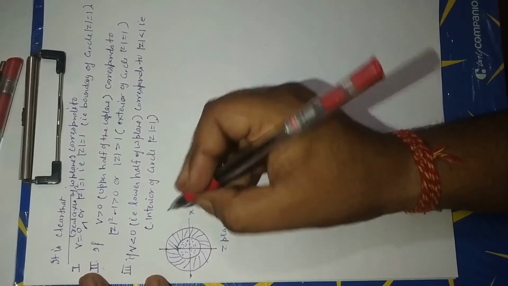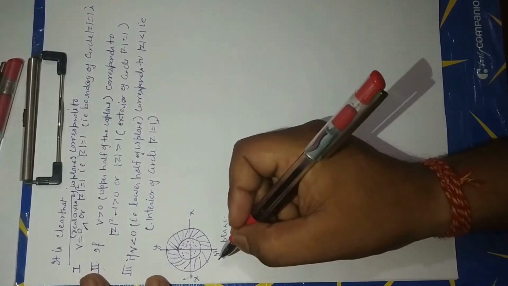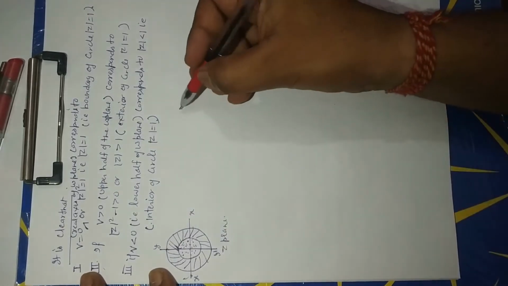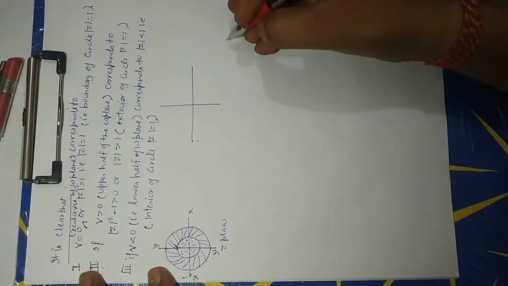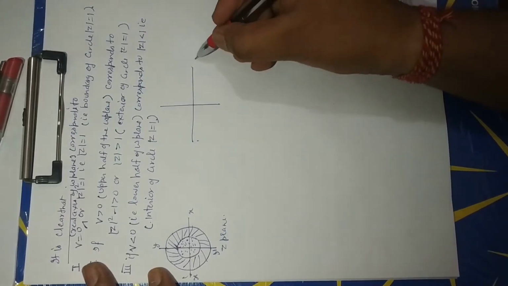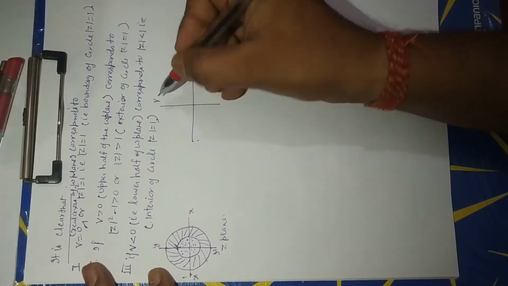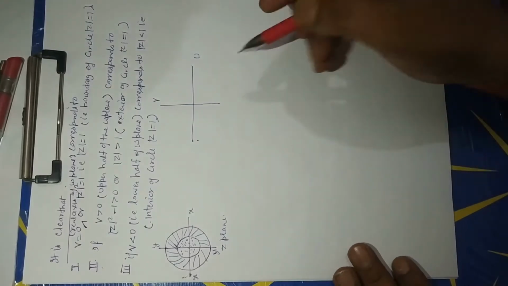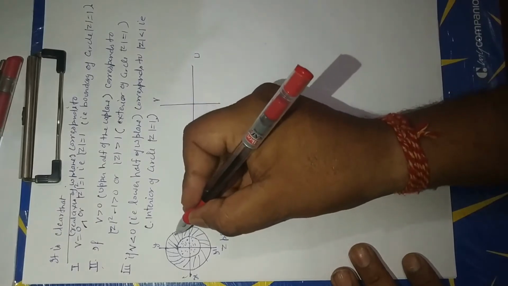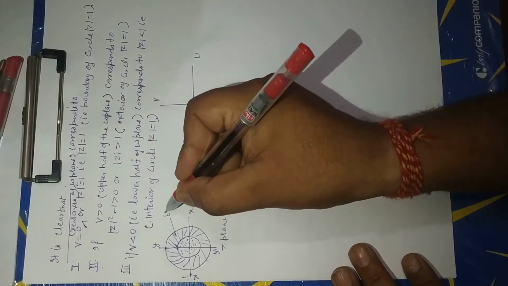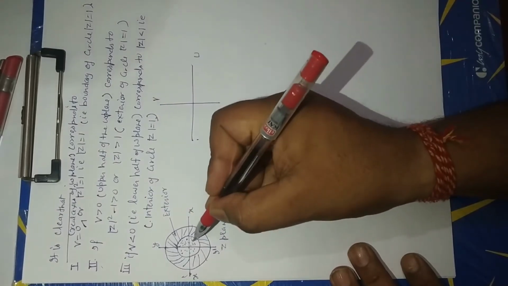The x axis, y axis, x dash, y dash correspond to the W plane: the u axis is the real axis of the W plane, and the v axis is the imaginary axis of the W plane.